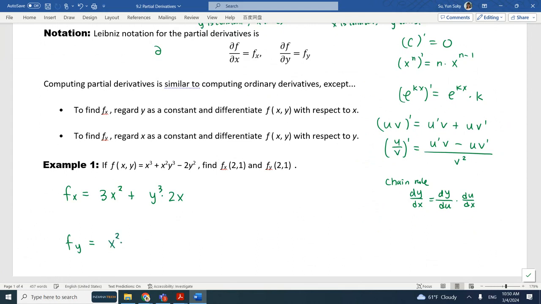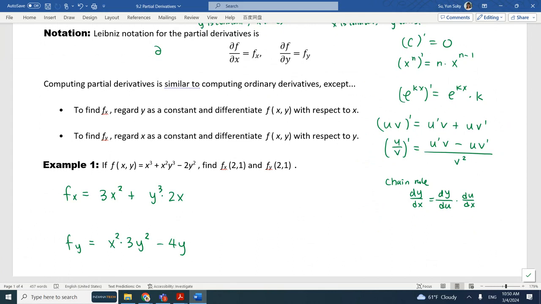What's the derivative of y cubed? Exactly. And then the derivative of negative 2y squared is? Exactly. Very good. So it's very similar to what we learned before, but you just treat one of the variables like a constant and differentiate with respect to the other.